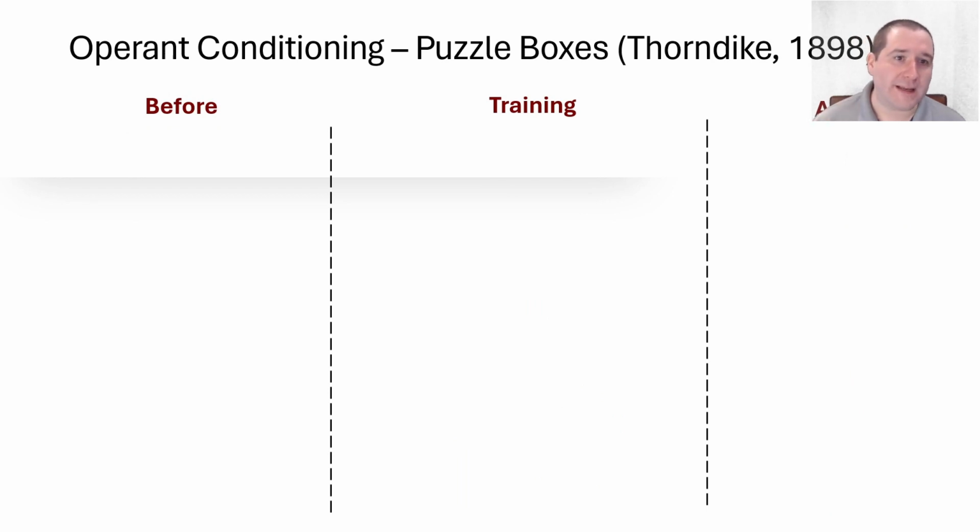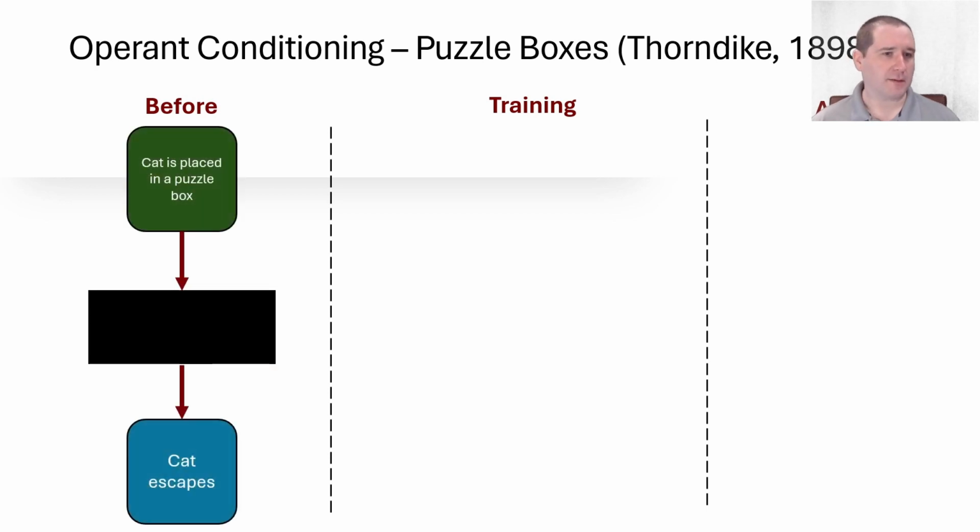An example of operant conditioning is Thorndike's puzzle boxes. He had a variety of puzzle boxes that were different sizes, had different levers and mechanics to escape, essentially. And he would put cats in the box. Thorndike would place a cat in a puzzle box, and he would record how long it takes the cat to escape.